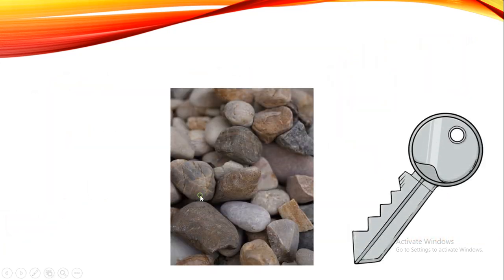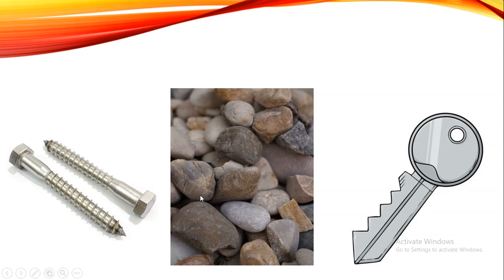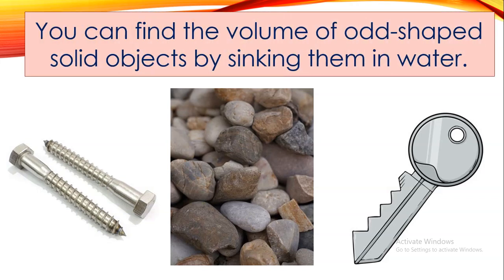Now I want you to look at these pictures. These are solids, but they don't have a regular shape. These are odd shaped solid objects, right? How can we measure their volume? We can measure their volume by sinking them in water.